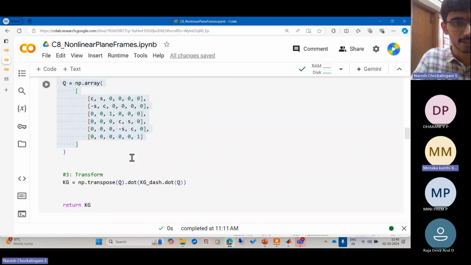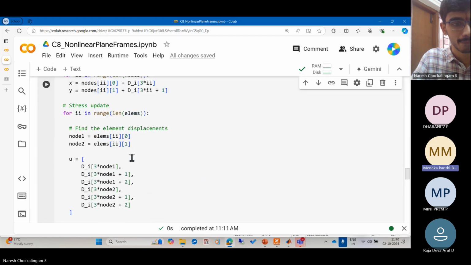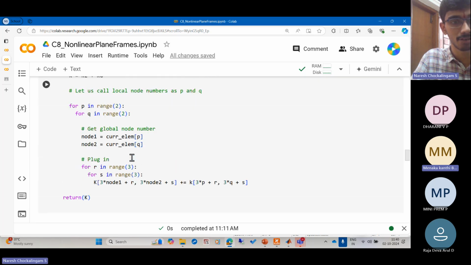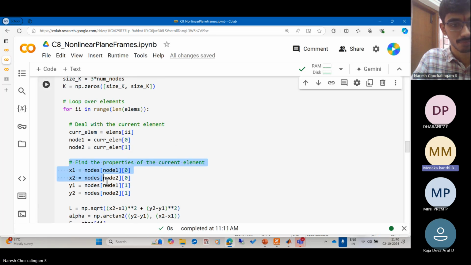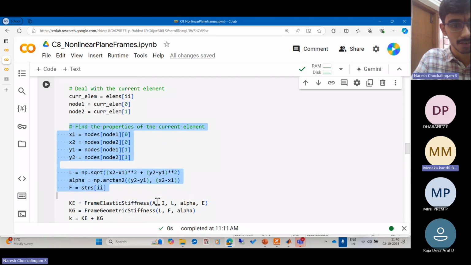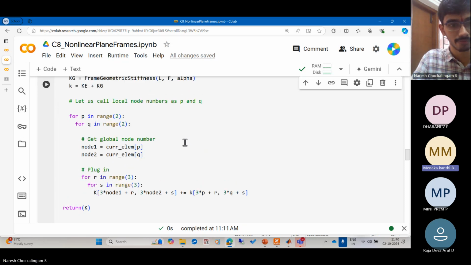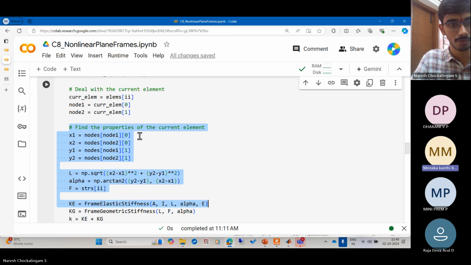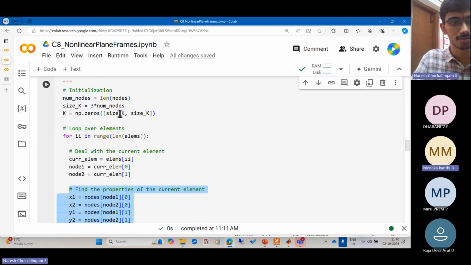So we have to do this again, wherever that assembly operation is. Actually, we can copy paste this entire part. We need KE, we need KG. We need KE plus KG. We need up to this point. So let's copy this piece of the current element. This is fine. Let's just copy paste this.